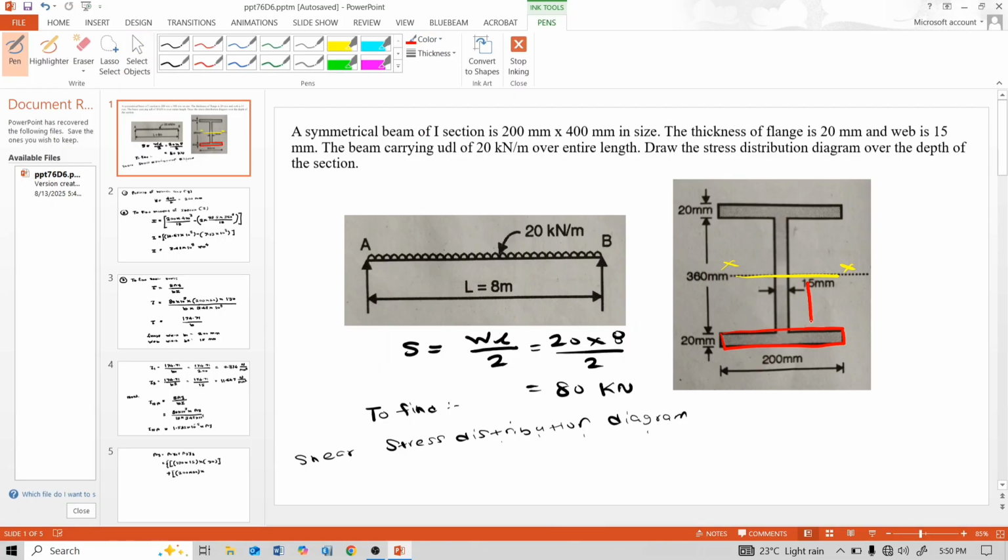That means this much distance: 180 plus half of 20, which is 10, so 190.